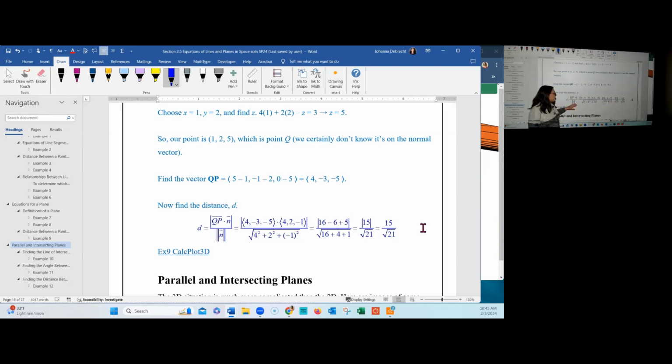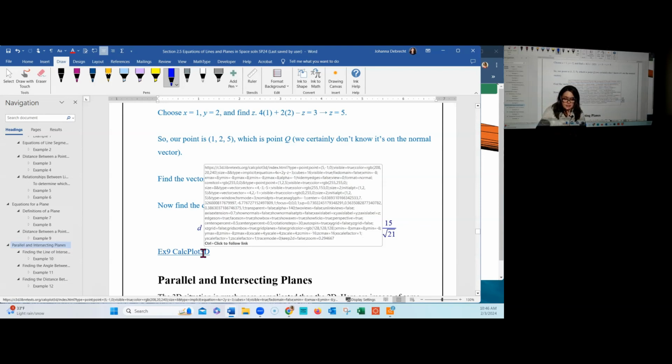And we're going to divide by the magnitude of the normal vector. The normal vector came from the coefficients of x, y, and z, so that was 4, 2, -1. So when we square those, add them together, and take the square root, we get 15 divided by the square root of 21.